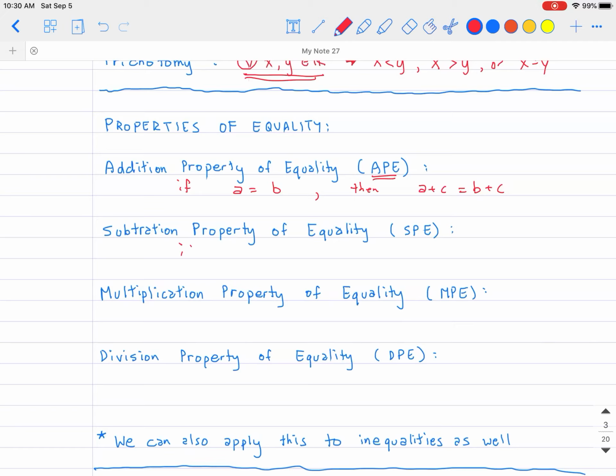Okay. Subtraction property of equality, same idea. If you have A is equal to B, then according to the subtraction property of equality, you can subtract the same thing from both sides.